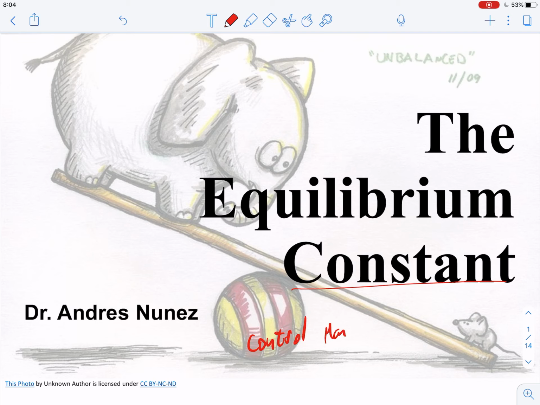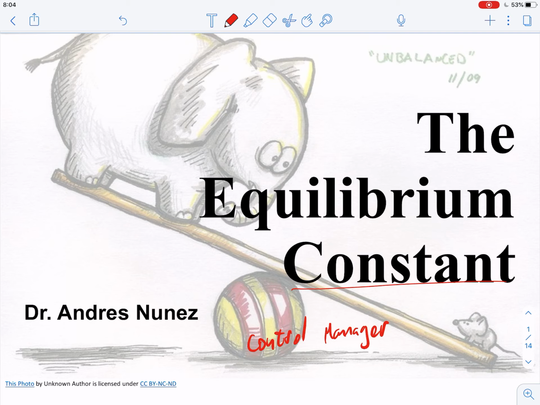Everything depends on the equilibrium constant. Here in this particular picture that you see in the background, you look at it and you know that that's physically impossible, right? That little mouse cannot outweigh the elephant.